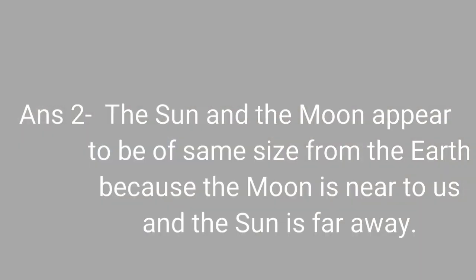Next question, number 2. The sun and the moon appear to be of the same size from the Earth. Why? And the answer is. Now number 3. Who were the first people to land on the moon?